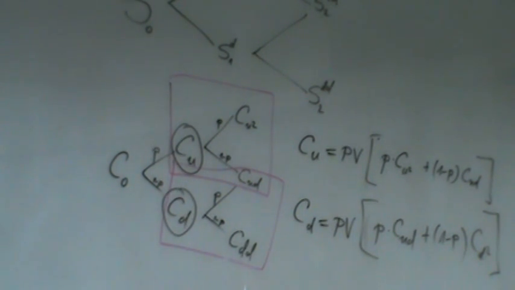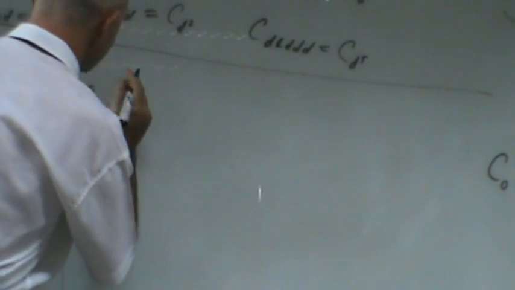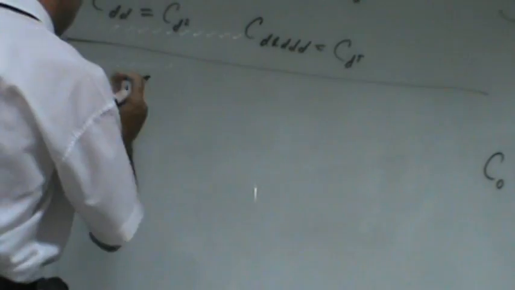Well, let's do a little bit of writing, right? So, C0, or simply C, just a call, will equal the present value. It's a little tricky with these present values because you got first the 1 plus r for the one, and then 1 plus r squared for the other.